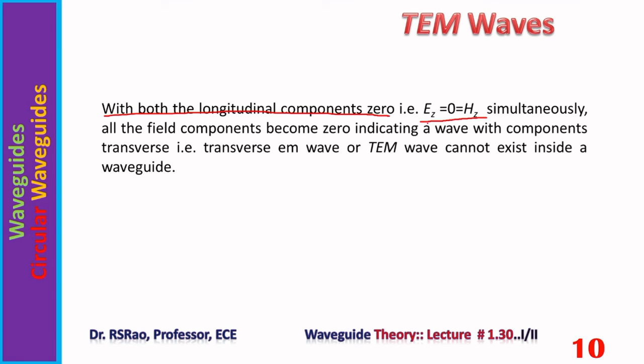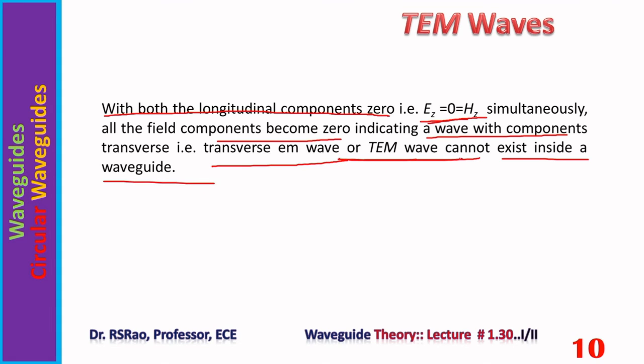If both Ez and Hz are 0, then all four components are 0. So all 6 components are zeros. What does it mean? It implies there is no wave. So with Ez 0, Hz 0, the field components become 0, indicating that a wave with transverse components, a transverse EM wave or TEM wave, cannot exist inside a waveguide.